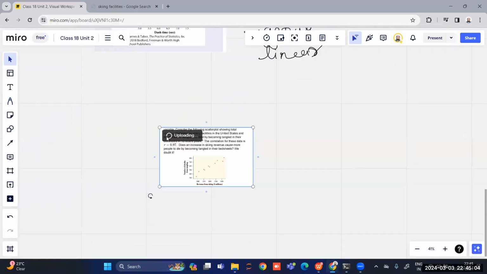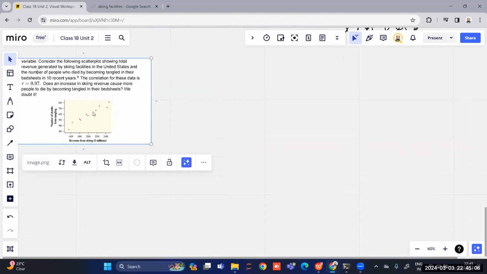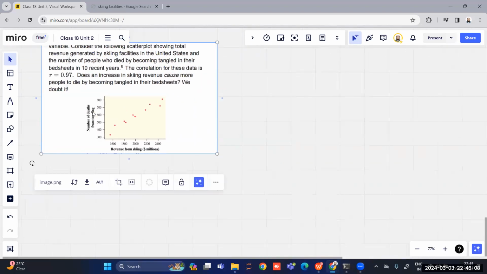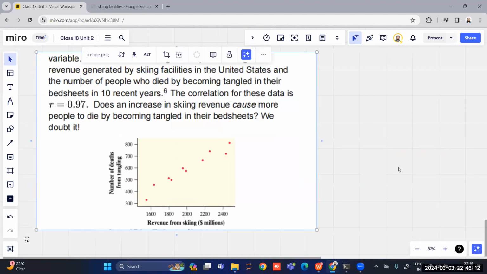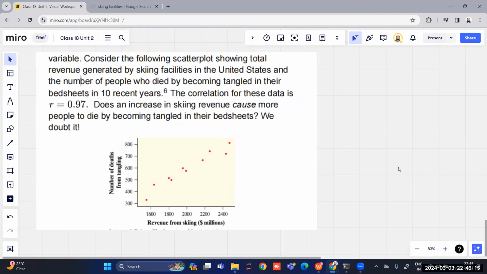This is an interesting exercise about correlation. What he's trying to say is that this relationship is revenue from skiing. In the icy region, people generally go skiing for enjoyment.